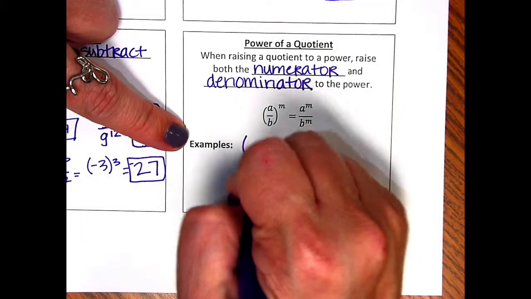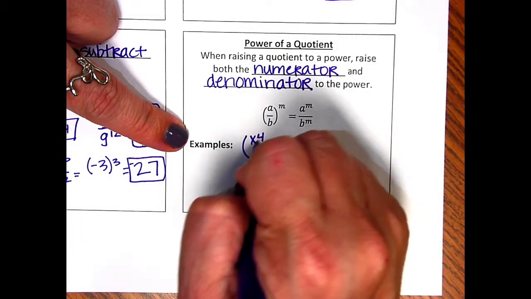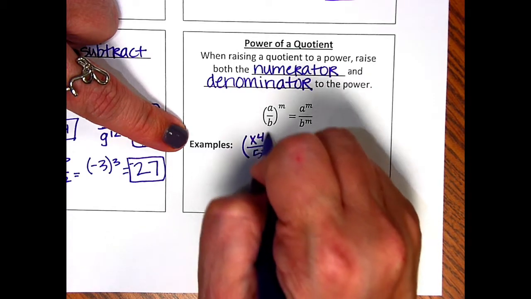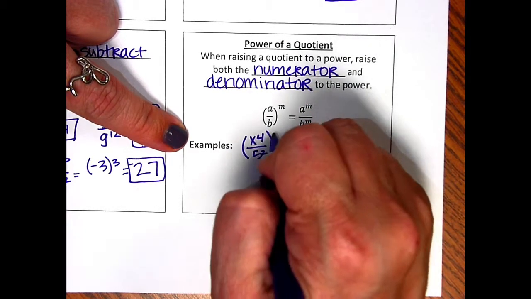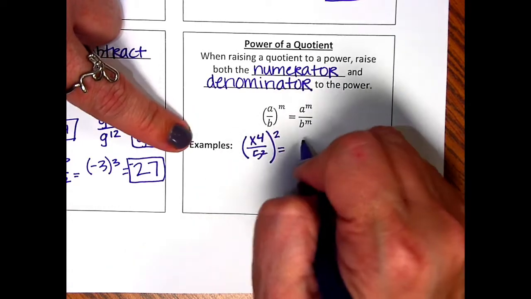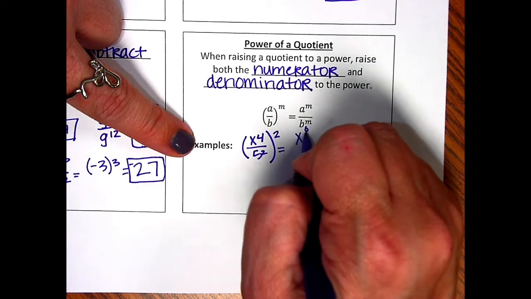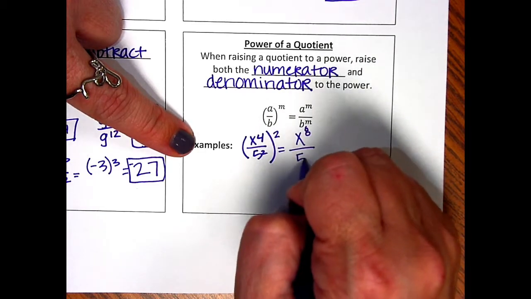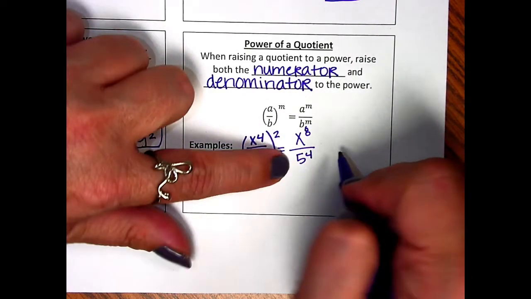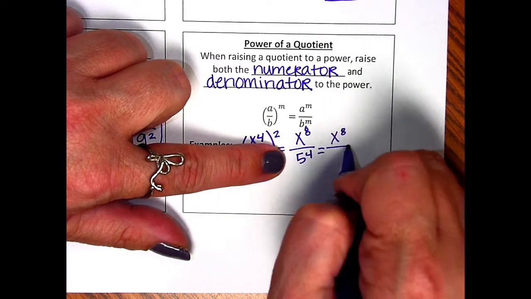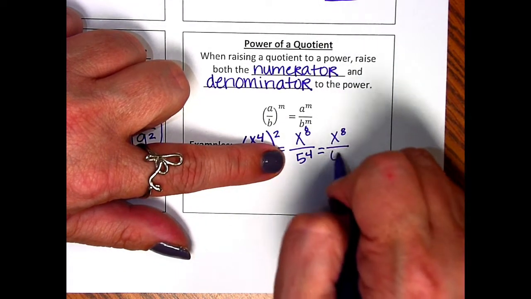So x to the 4th over 5 squared. So this is going to be x to the 8th over 5 to the 4th. And we can simplify 5 to the 4th. So we have x to the 8th over 625.